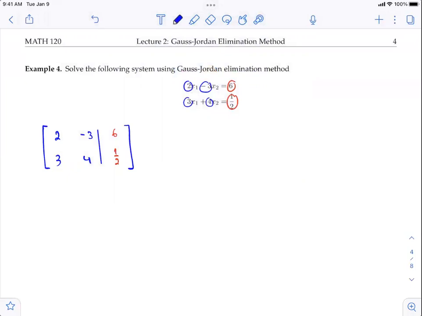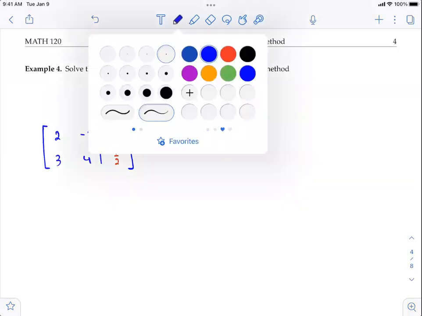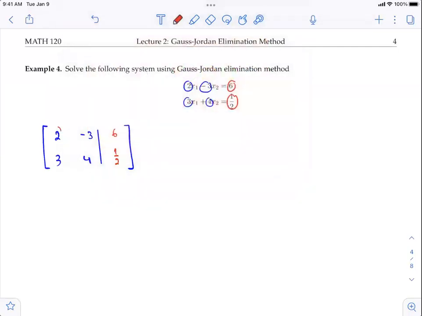We want to reduce this augmented matrix to a reduced row echelon form. So that means you need to turn this leading entry to a 1. So we need 1 here. And to get 1, very simple, right?